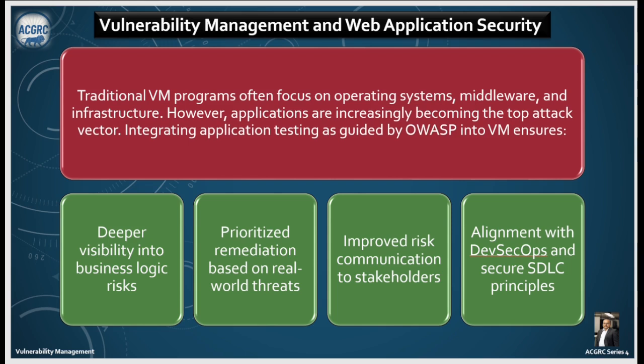From a phase perspective, if you remember the earlier video on the vulnerability management phases, we had identify, detect, prioritize, remediate, and improve. The OWASP contribution: in identify, it uses the OWASP Top 10 to recognize the common risks. With detect, use the testing guide to find real weaknesses. From a prioritization perspective, it maps flaws to business impact and the OWASP risk rating.